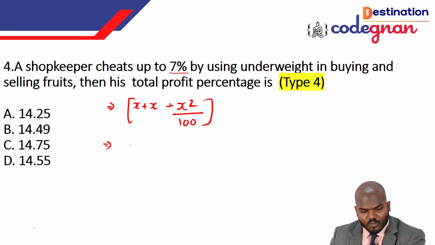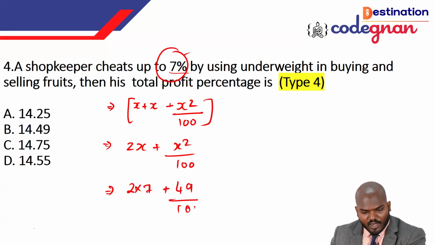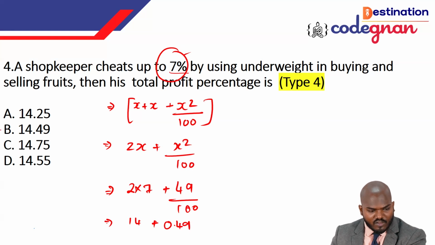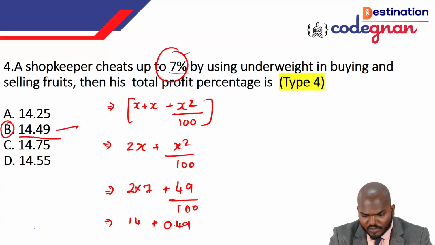We can call it 2x plus x square by 100. x means 7 only. I can take it directly: it will give you 2 times 7 and this will give you 49 by 100. This one will give you 14 plus 49 by 100, which is 0.49. If you sum this, it will give you the value of option B, which is written here as 14.49, the correct answer. I hope you are clear with this one, guys.